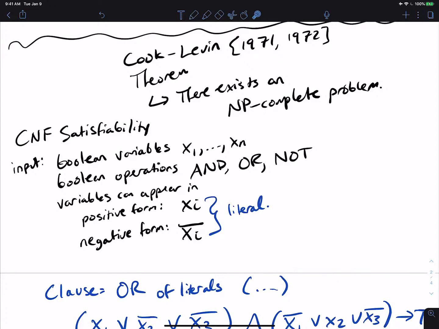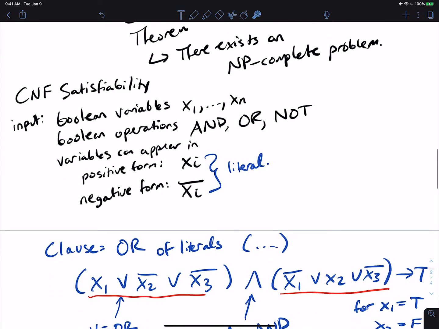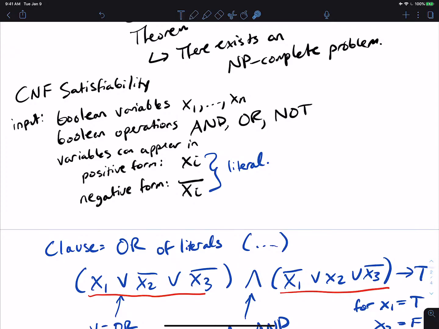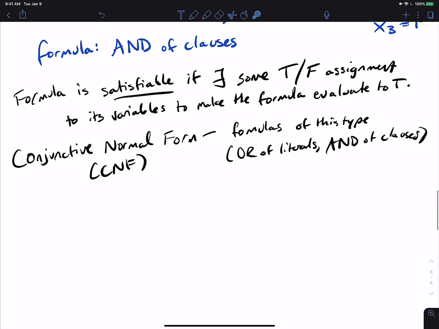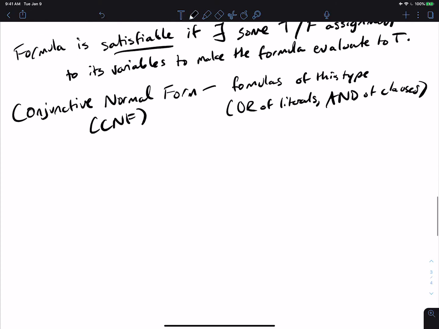So it doesn't have to be an and of clauses. It could be any mix of them, and it can have nested clauses within them and all that stuff. But let's just make this easy because it's easier to understand. So let's talk about the CNF-SAT problem.